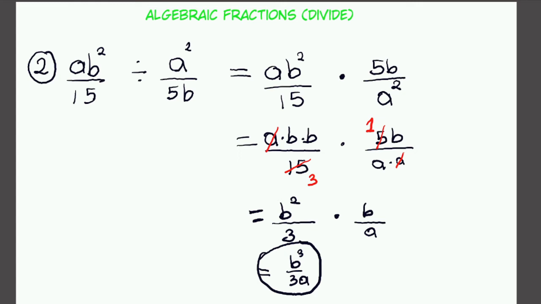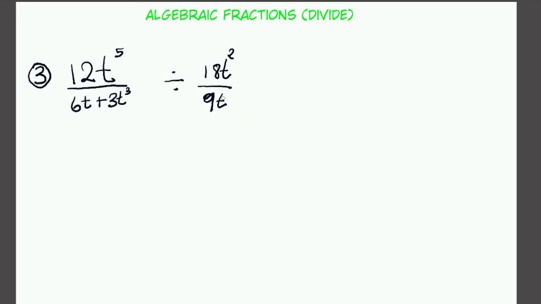Simple enough. Let's look at a different problem. 12t to the 5th divided by 6t plus 3t cubed divided by 18t squared over 9t. First thing, invert the second fraction and change the sign to multiplication.